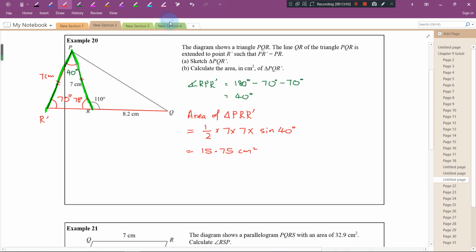Okay, so now let's proceed to find the area of the second triangle over here. Now I want to find the area of this triangle, right? I use this side and this side. If I use these two sides, I need to use this angle.